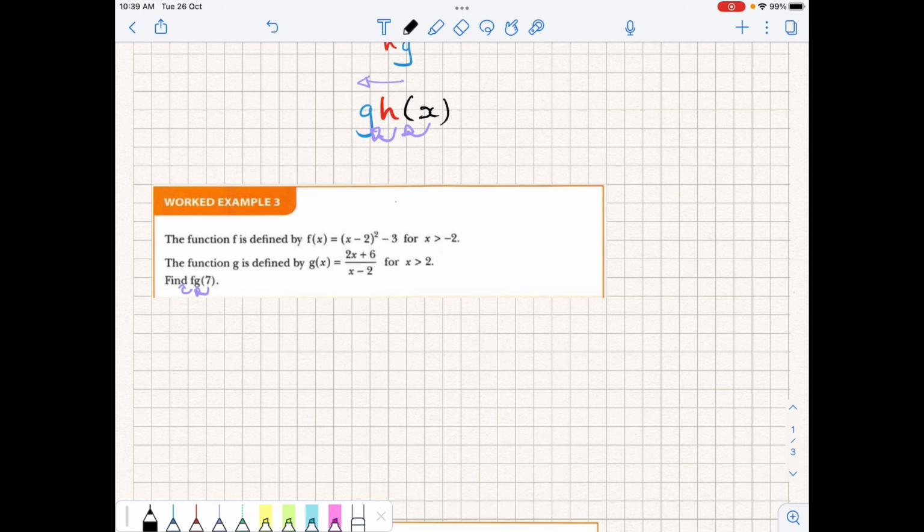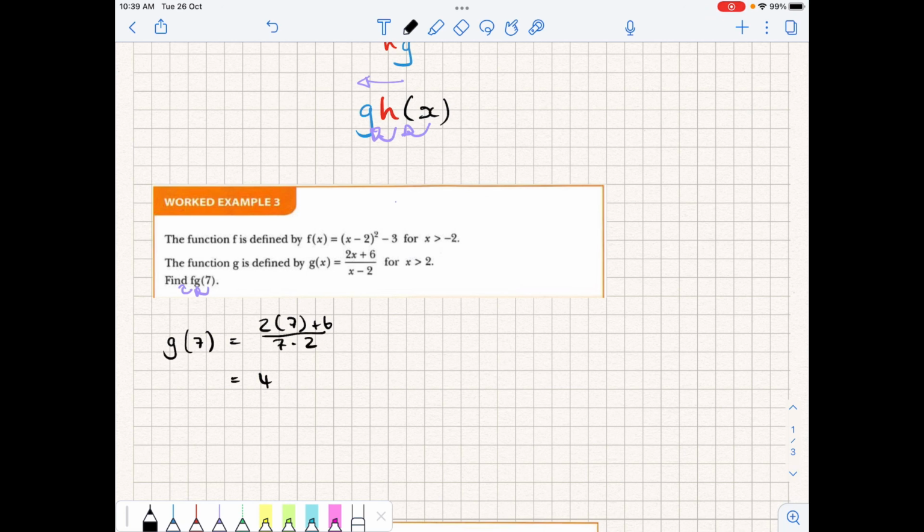So let's do g of x first. So we're going to say g of 7 is equal to 2 times 7 plus 6 all over 7 minus 2. And the result of that's going to give us 4. So what we need to do now is we need to put 4 into the next function.